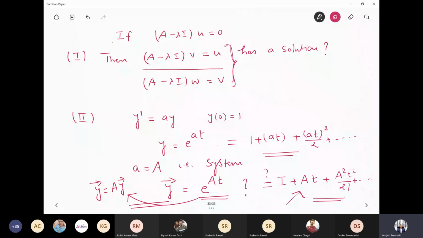Okay. So therefore, what we see here is that what we study in calculus, in differential equations, and in linear algebra, are not going to lead us to three different things. They are going to lead us to only one theory. Only that we are not able to see it.